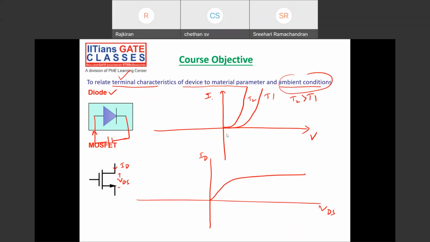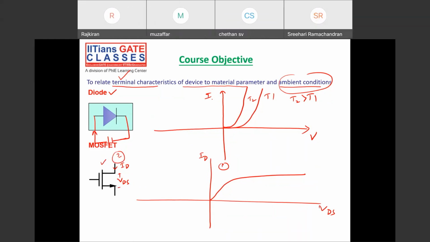Which came first, the MOSFET or the IV characteristic? First the MOSFET was developed and then the IV characteristic came, or first they wanted this IV characteristic and that's why they developed the MOSFET. Which one do you think is right?